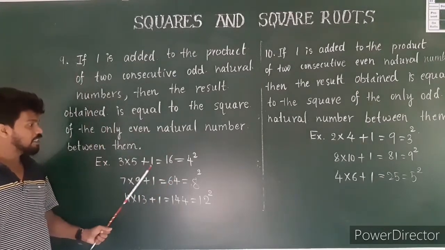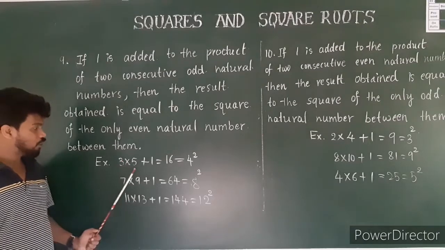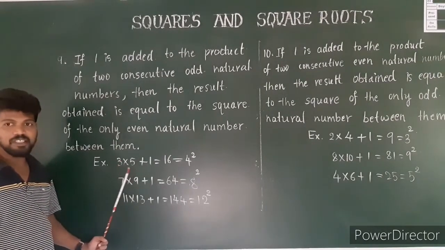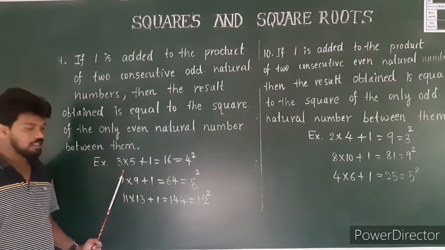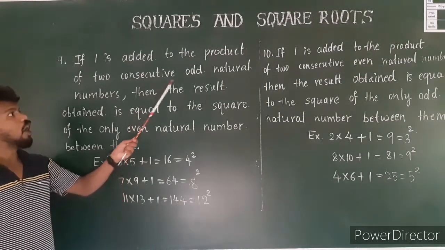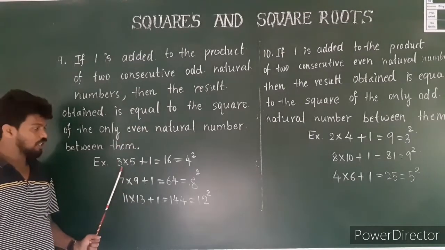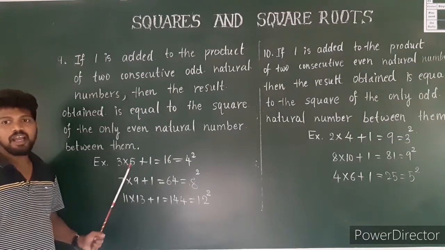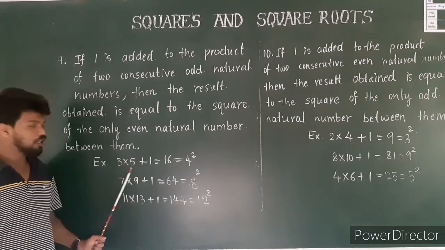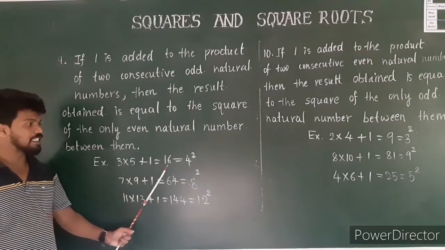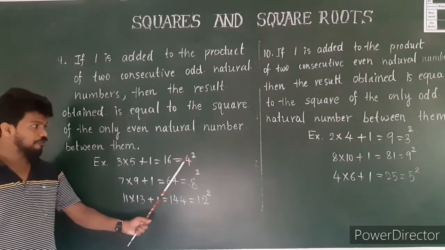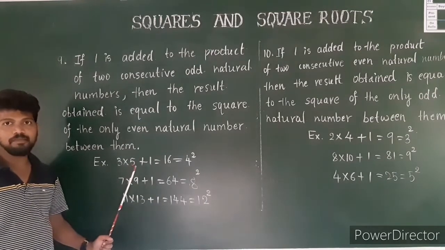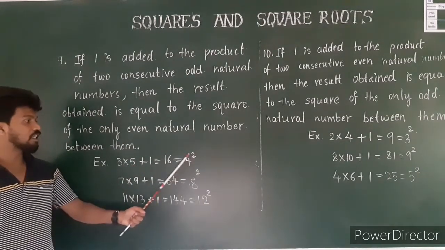So two consecutive odd natural numbers, that is 3 and 5, 5 and 7, 7 and 9, 9 and 11, like this. 3 into 5 you get 15, plus 1, 16. So that is 4 square, which is the middle number of 3 and 5.